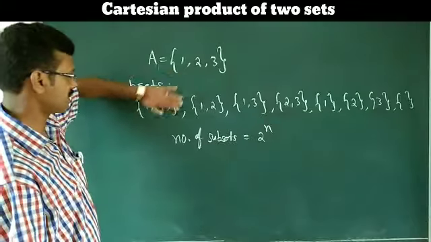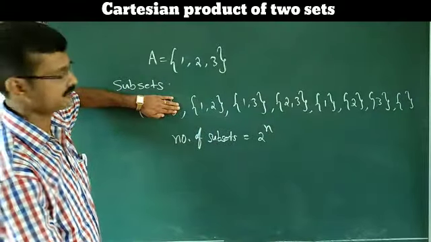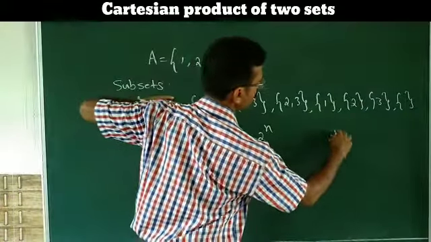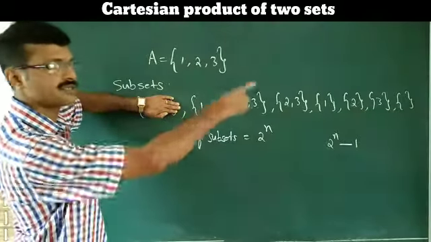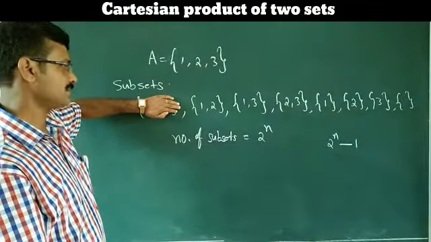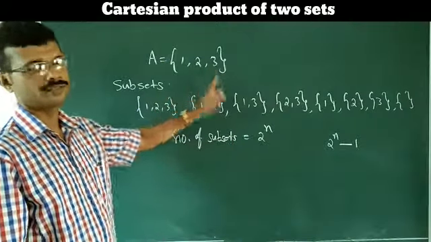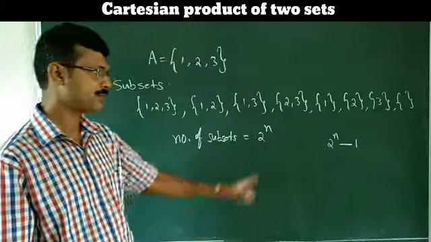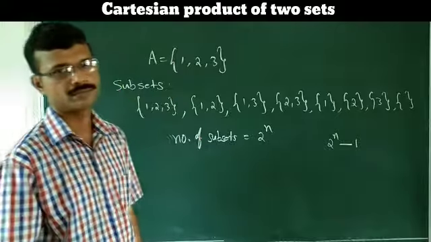Whatever be the set, except the set itself, the remaining are all proper subsets. So the number of proper subsets will be 2 to the power n minus 1. See, 8 minus 1, 7. 7 proper subsets are there. That means if a set A is having n elements, then the number of subsets will be 2 to the power n, and the number of proper subsets will be 2 to the power n minus 1.